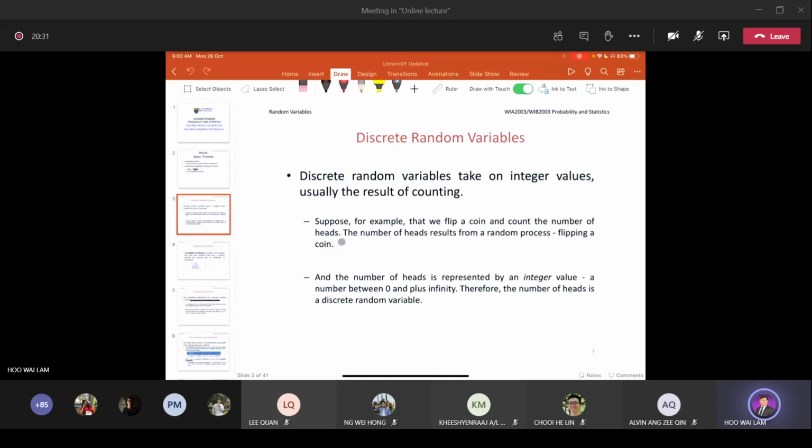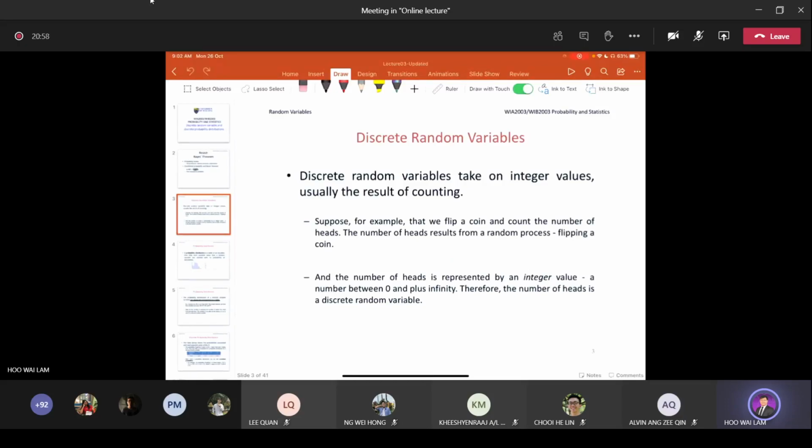Because over here it is either one, and then you can represent it as 1 and 2 or 0 and 1, okay? In terms of your representation, if you want to. But there's also one thing which is called the number of heads, okay? The number of heads over here is based on the outcome that you get after you flip your coin a number of times, not just one time.